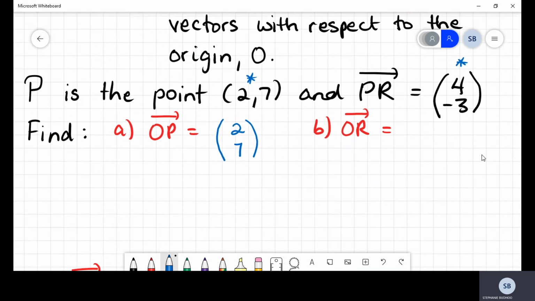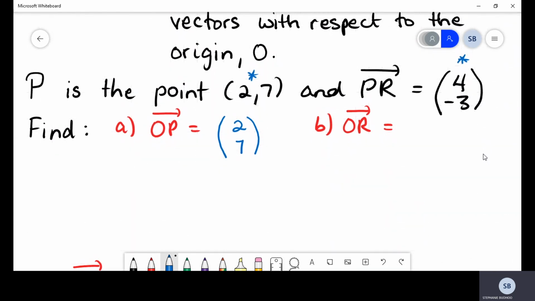Well, they have given us the value PR. Let's see what we can do with PR. They have said that PR is given by (4, -3). We can see that part of what we want lies in the vector PR.